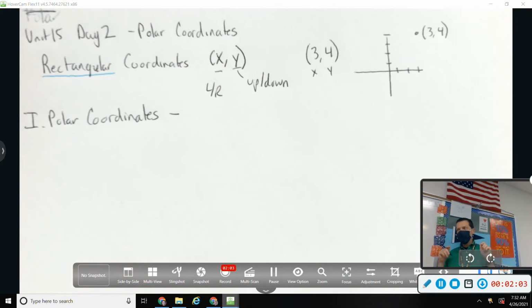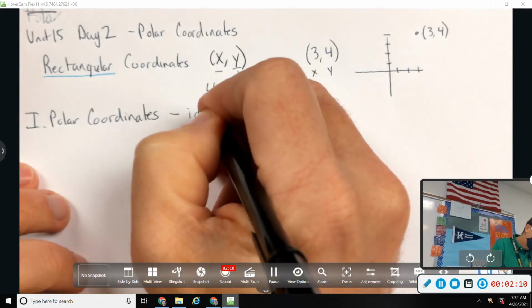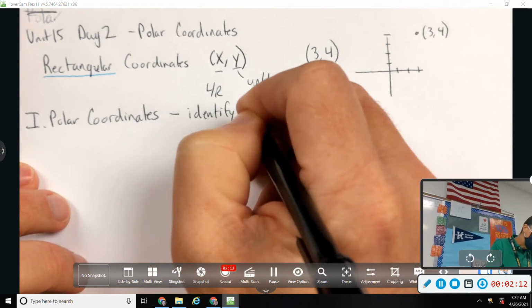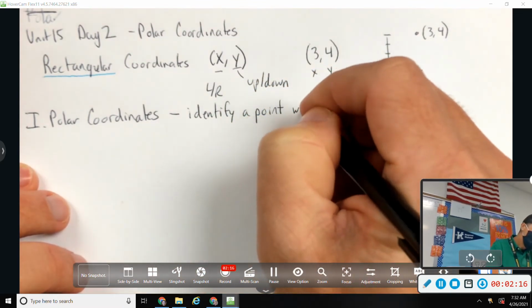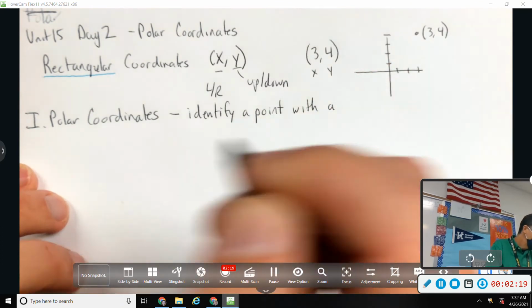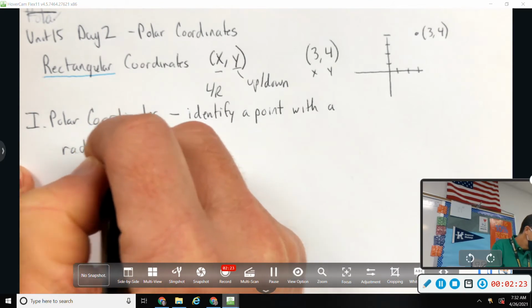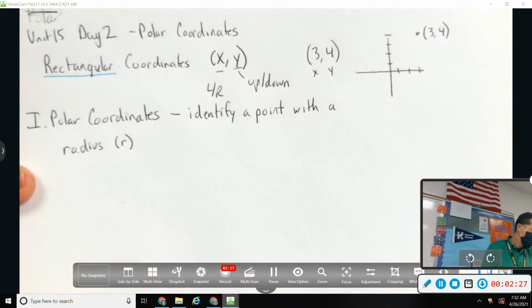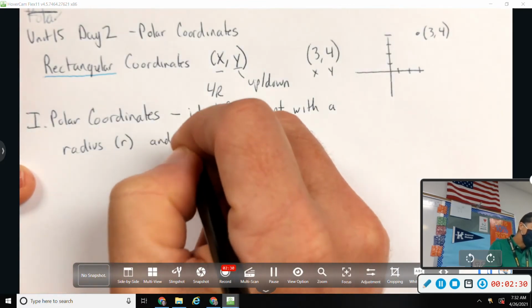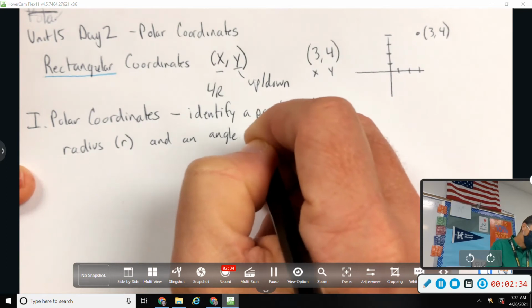So rather than an x and a y, a left, right, up, down combination, with polar coordinates we identify a point with a radius r and an angle theta.